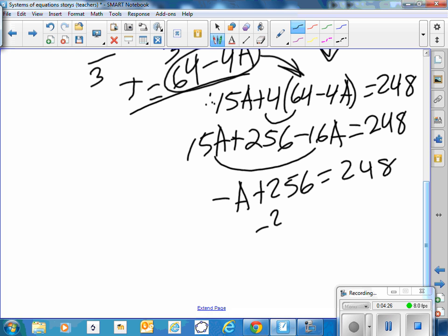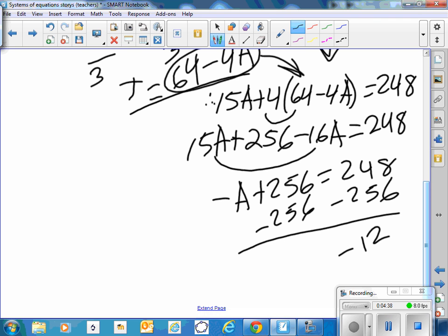So if I subtract 256 from each side, that would be negative 12. Oh, sorry. Sorry, that is negative 8.